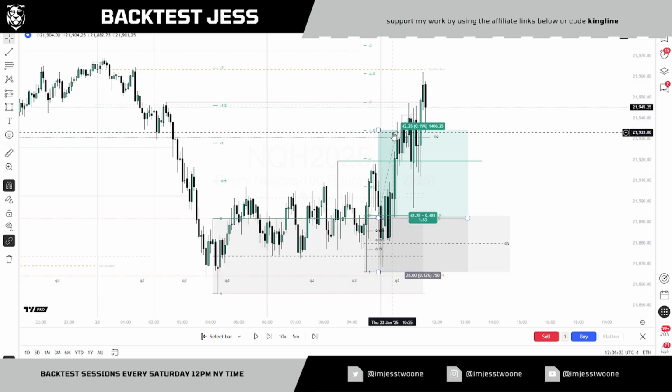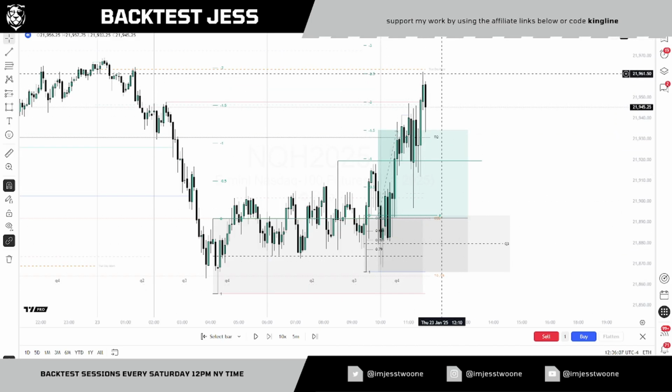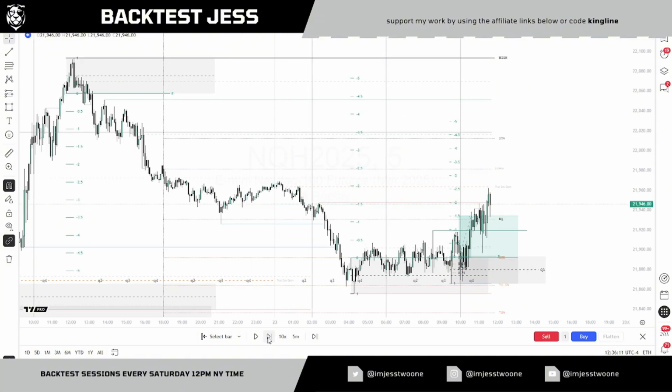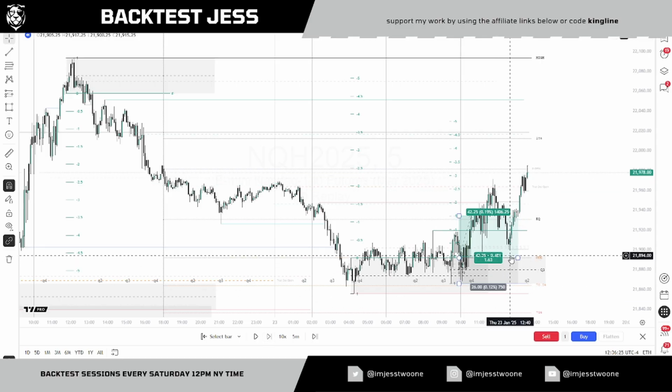So once 1.5 is achieved, all of our entries are BE. 2.5 achieved. Boom. Have not tagged midnight yet. Midnight is tagged. Let's see if it holds or it sends it down. And it holds. Again, all of them were BE, so the earliest entry is this 0.5 level.